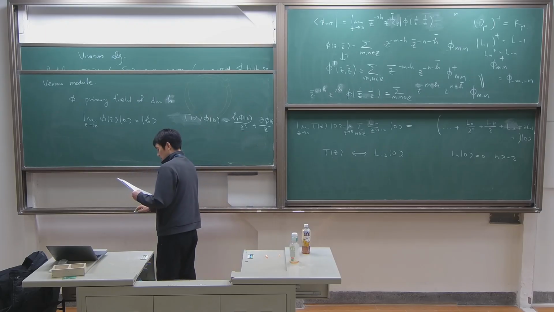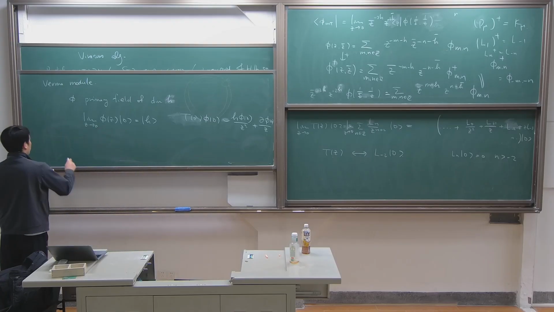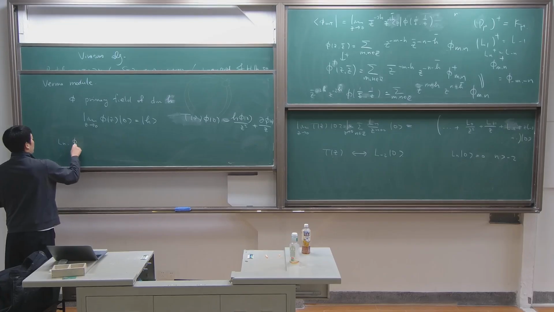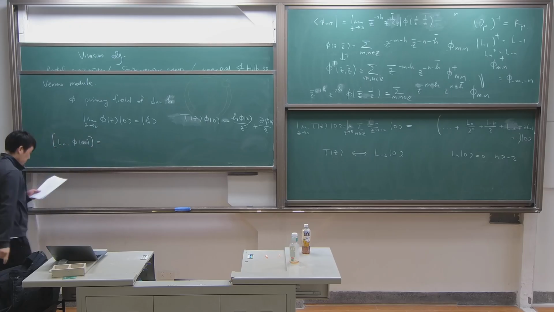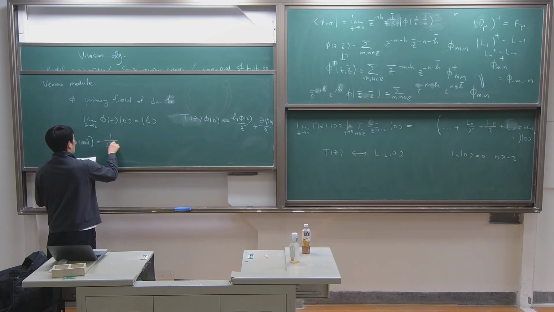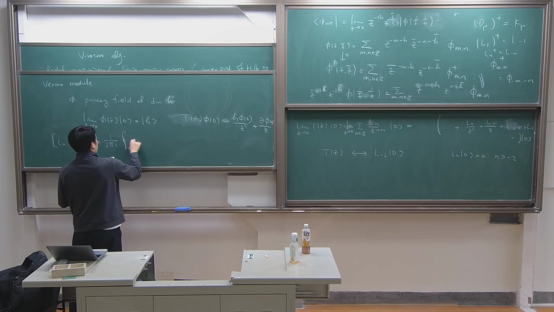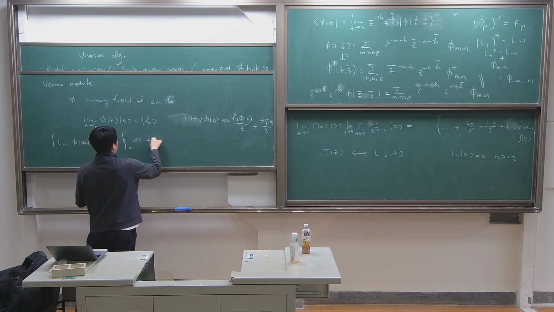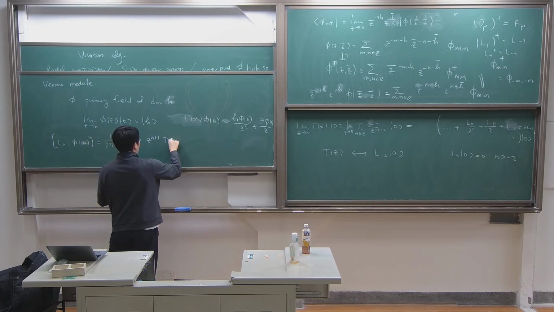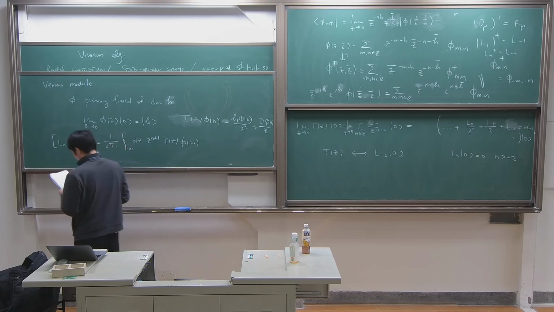The better way to do it is this: L_n phi(w), if you have this kind of commutation relation, what you get is 1/(2 pi i) contour integral of dz z^{n+1}.